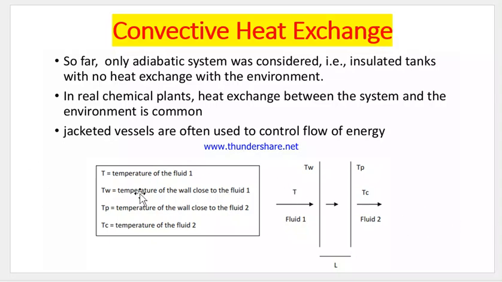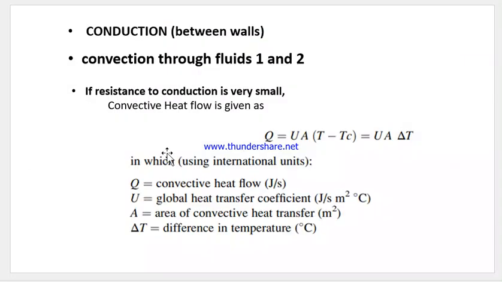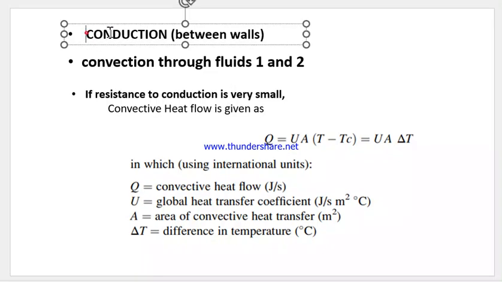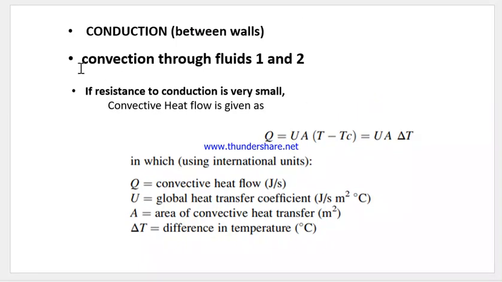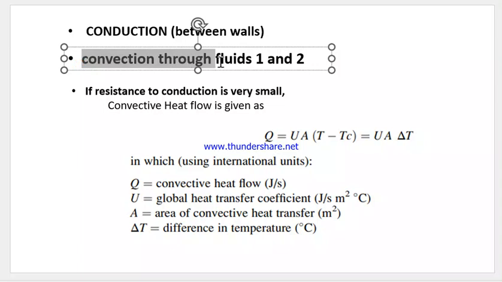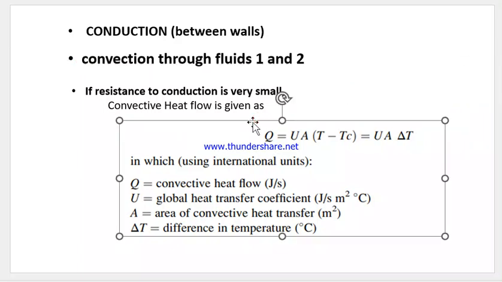So when such happens, what do we do? We have to consider the heat flow through the wall and the convective heat flow through fluids 1 and 2. But at times we have to simplify things.